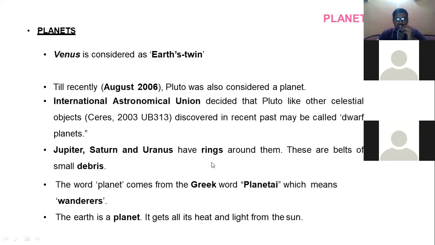So from Greek mythology the planet name is derived, called the wanderers, or the wonderful events.